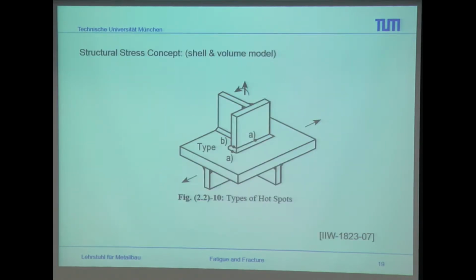No, there's the wrong order of the pictures. Therefore, you usually have two different types of hotspots. For example, hotspot A, you see here, is always in the range of a wide plate, so you have no influence of the edges. For type B, you have an influence of the edges, and so you also have a steeper gradient.